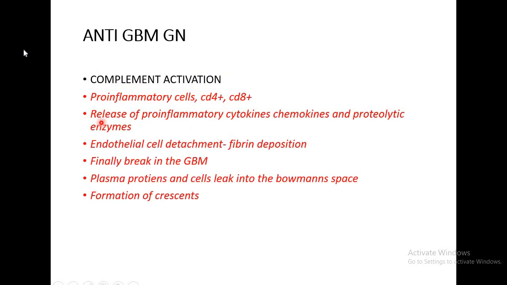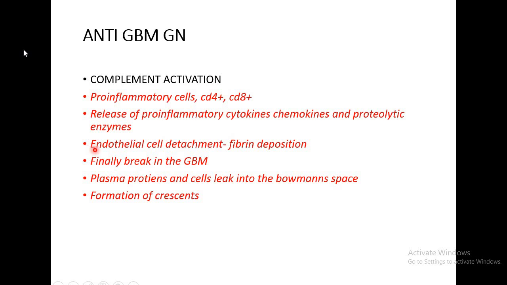Once this autoantibody binds to this antigen in the glomerular basement membrane, there is complement activation. As a result, there will be recruitment of pro-inflammatory cells, and CD4 and CD8 lymphocytes also will be recruited, and then there will be release of pro-inflammatory cytokines, chemokines and proteolytic enzymes.